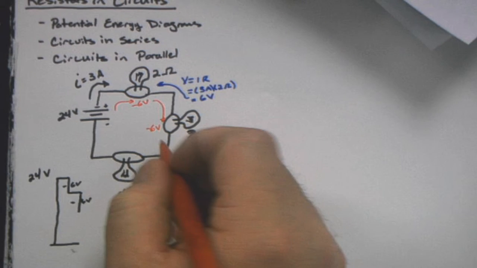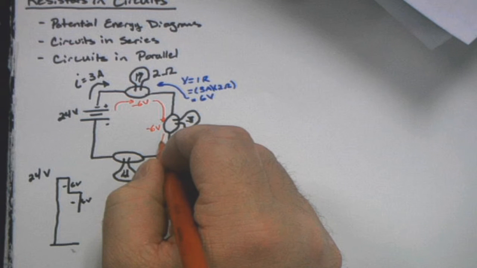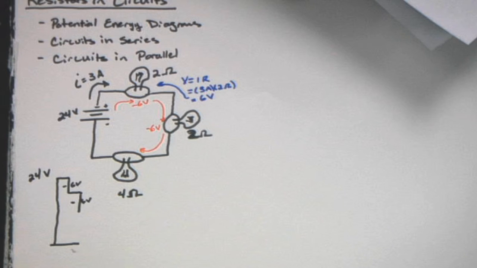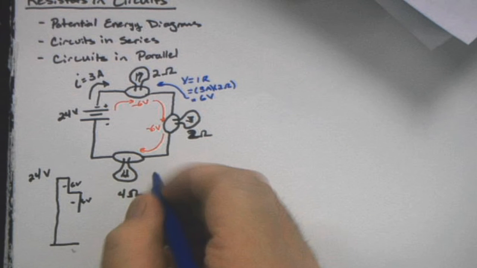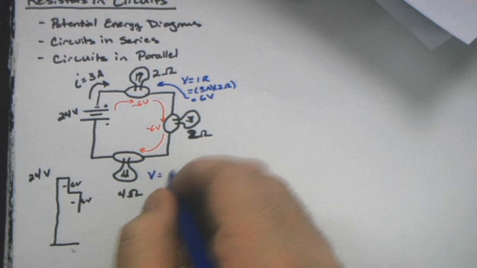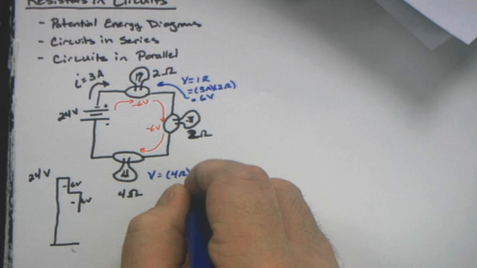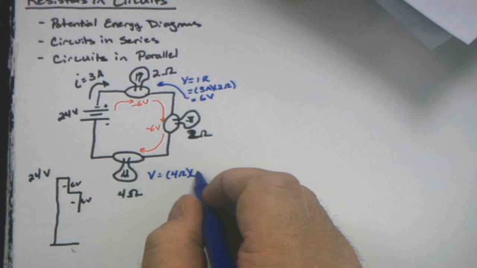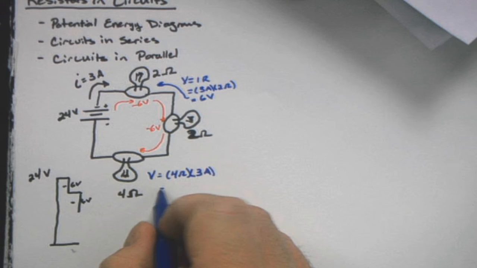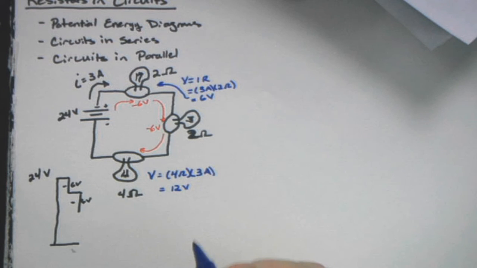Then we continue around. Then we get to our last device. Well, this last device is at 4 ohms. And so using Ohm's law again, our voltage across here is going to equal 4 ohms times our 3 amps of current, which is going to be 12 volts.